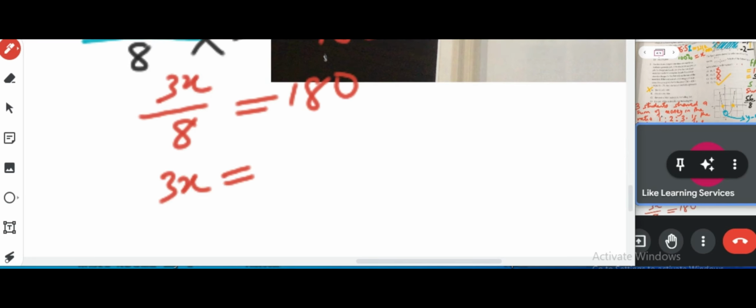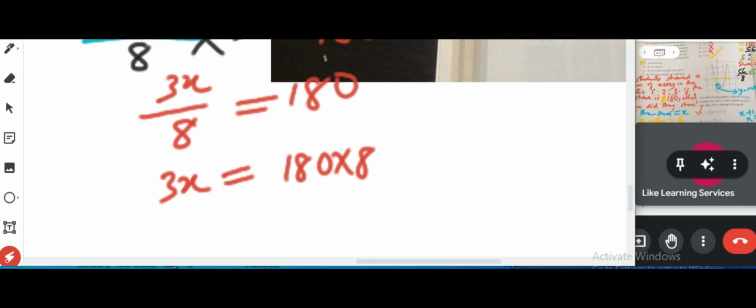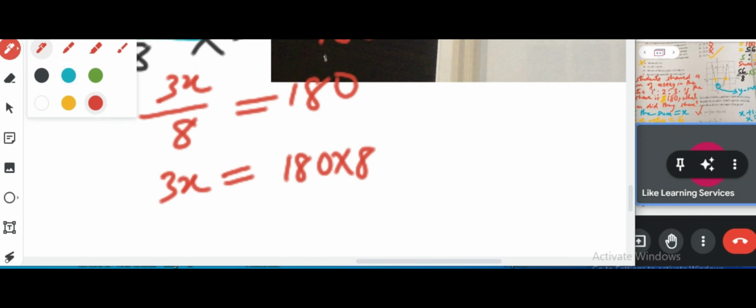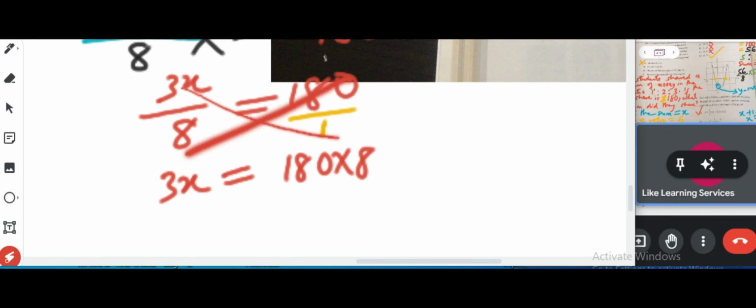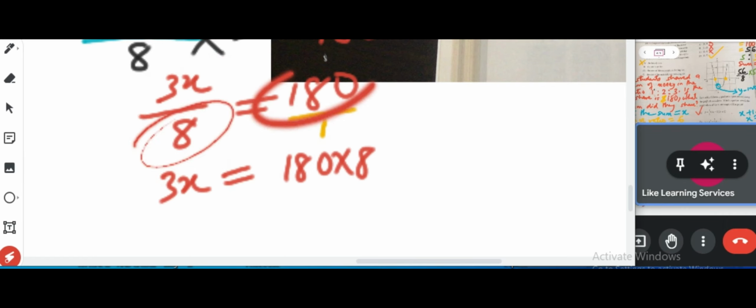So let's find x. 3x is equal to 180 times 8. You cross multiply. Do you know how to do stuff like this? Whenever you have something over something equal to something, you could call this one over 1 like this, and simply cross multiply. 3x times 1 is 3x. 8 times 180 is this.